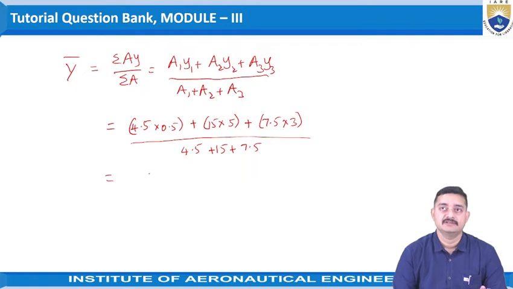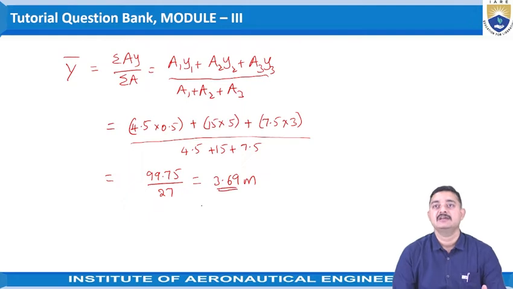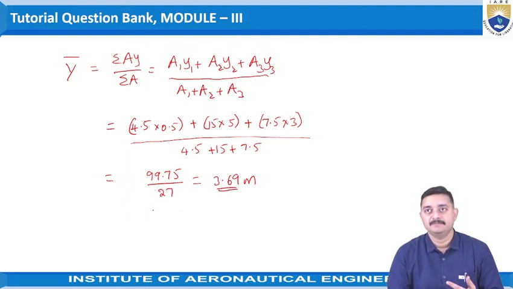When you solve this, you will get 99.75 by 27, which gives 3.69 meters. This is the y coordinate of the centroid of the total surface.